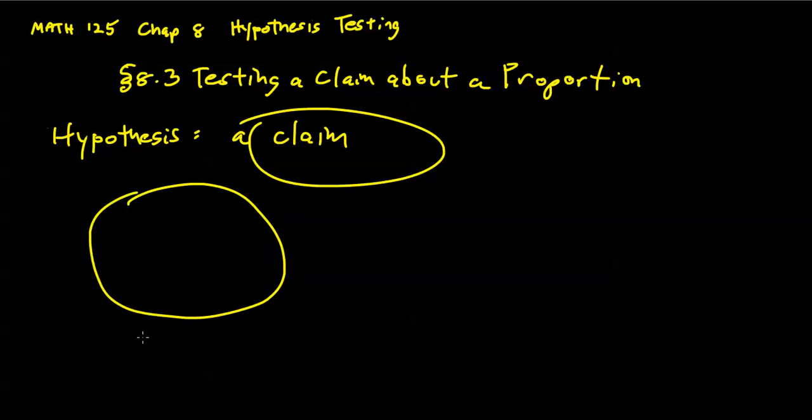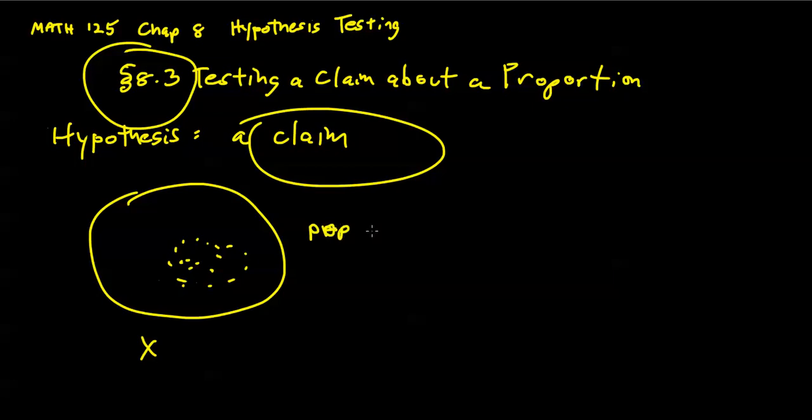Basically what we're going to do in this section 8.3, we're going to start out considering populations, and in particular population proportions with some characteristic of interest. You'll recall our symbol for population proportion is little p, and of course we never really know what little p is.